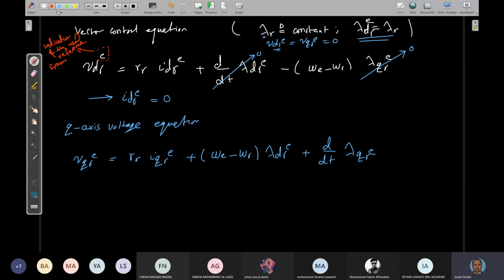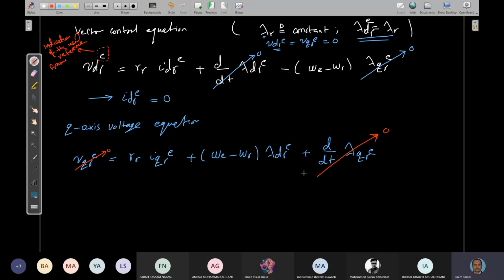Now let's see, this term is equal to what? To 0. By assumption, all the flux is pointing toward the D axis, correct? And VQR is equal to what? 0 due to what assumption? Either short circuit in the rotor or squirrel cage. Even if I'm having a wound rotor, I'm shorting the terminals, or I'm using a squirrel cage induction machine.